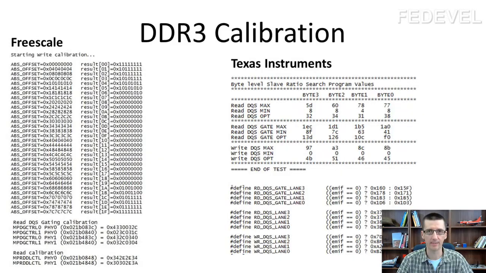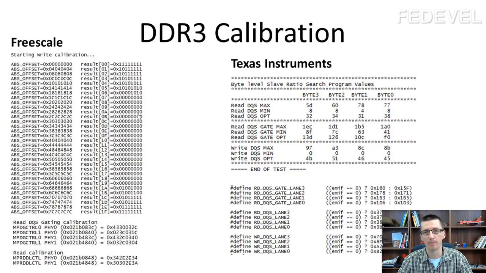How does this calibration look? It's very similar between different platforms. Here is an example for Freescale, here is an example for Texas Instruments, and I like this example because here you can very nicely see when the individual memory banks actually start working. Each number here represents one data bank, and when it is 1, it is not working.